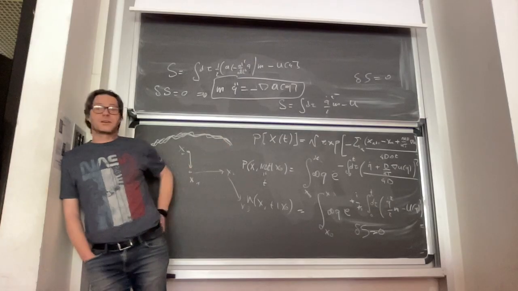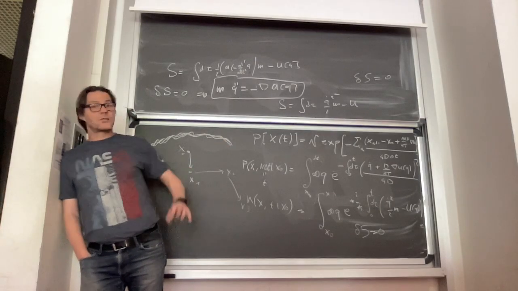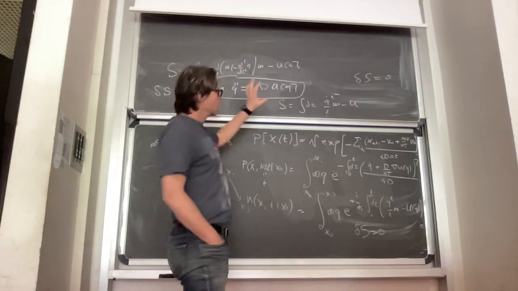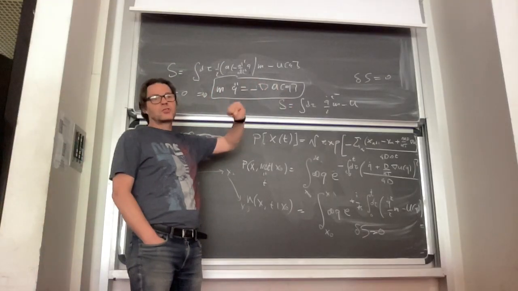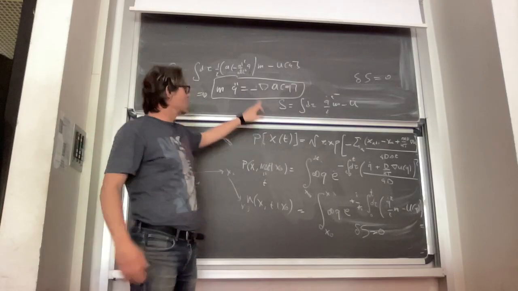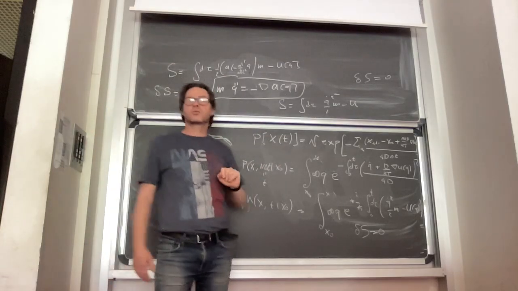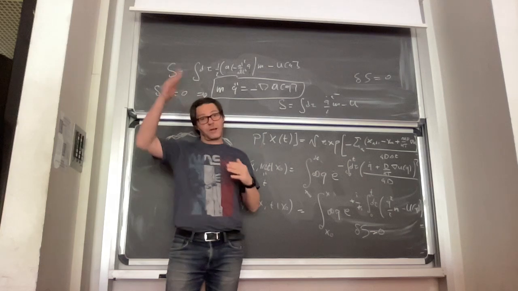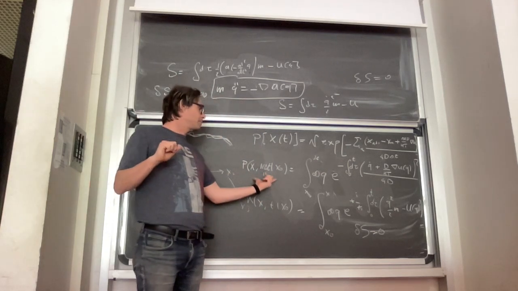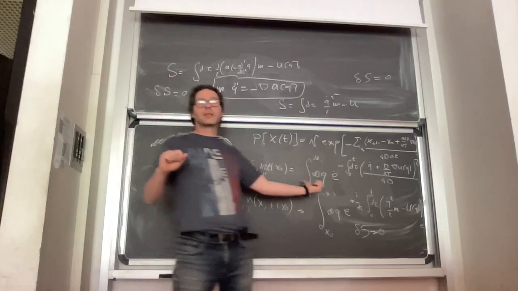And we'll see in a moment that there is a fundamental difference between the formulation in which you think about generating the trajectory with an equation of motion, the stochastic equation of motion that the Ito rule generates, and one in which you compute probabilities directly by evaluating the path integral.